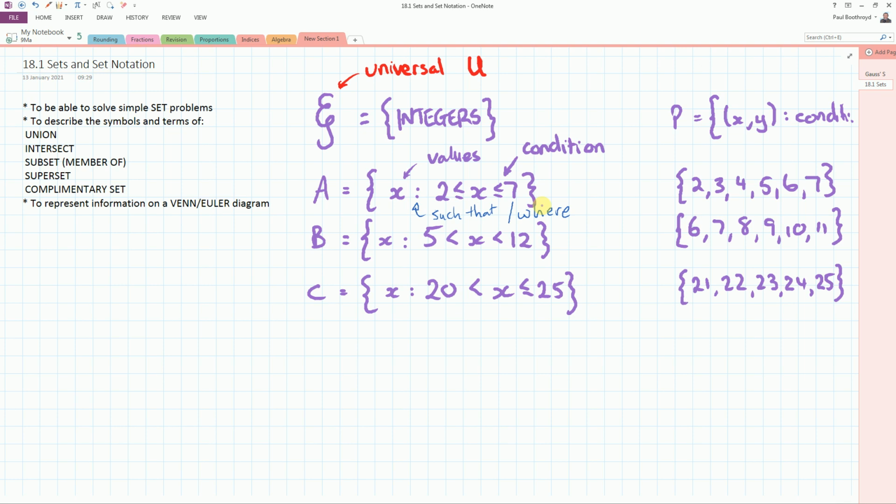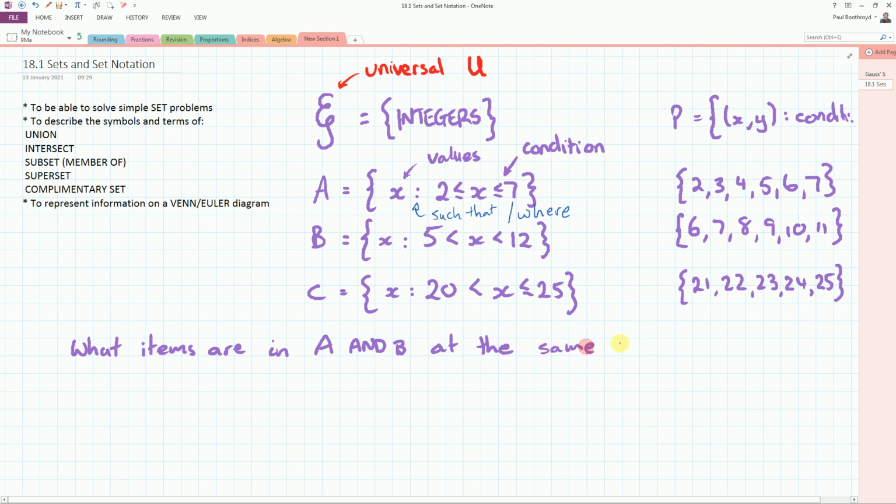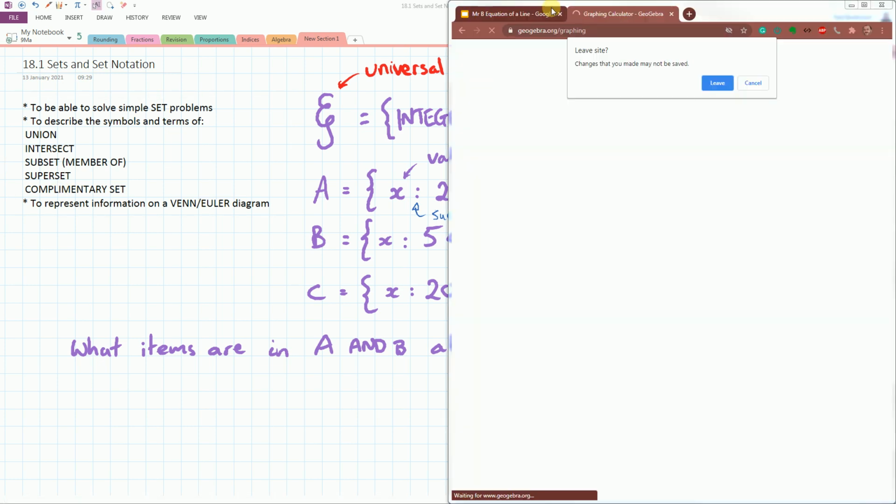The first group I'm going to give you is: what items are in A and B at the same time?